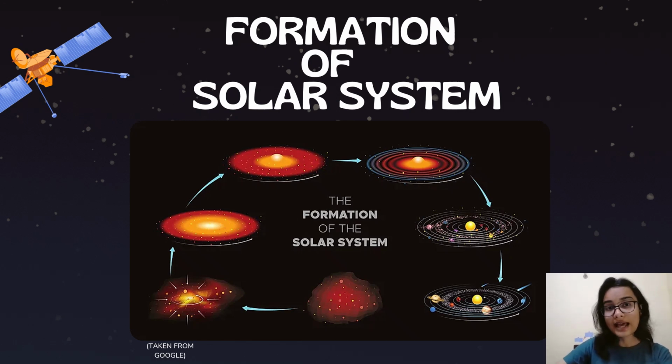The materials accumulated at the center formed the sun, and the remaining gas and dust, over millions of years, stuck together to form planetesimals. Eventually, these planetesimals formed protoplanets, and these protoplanets, over a period of time, got converted into the planets that we see today.